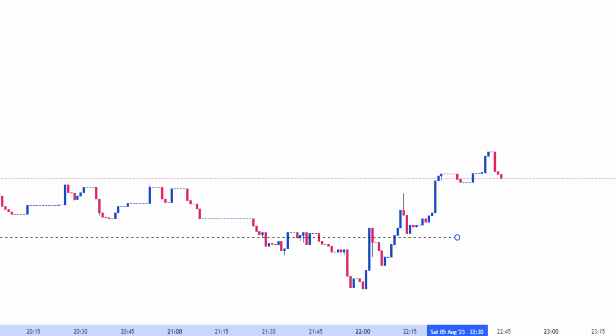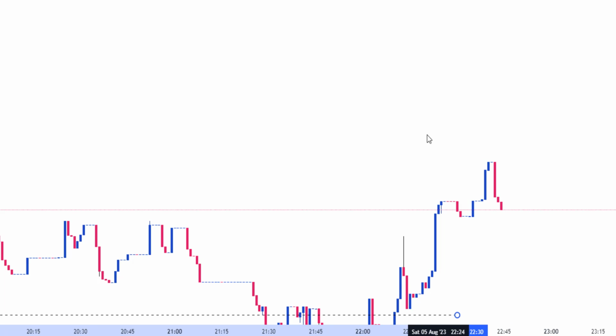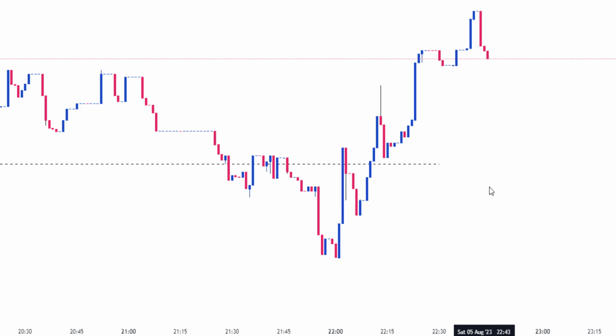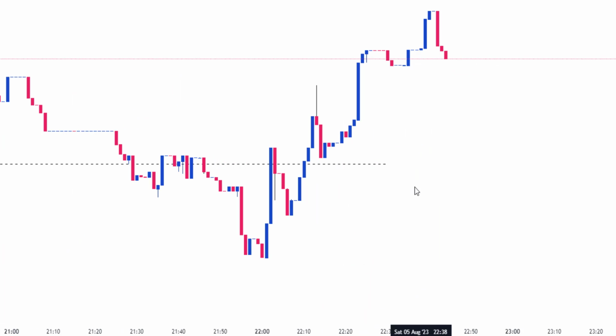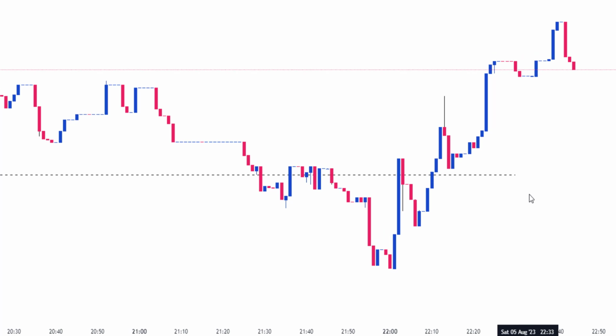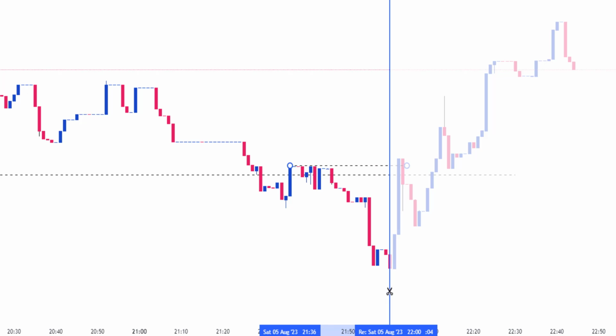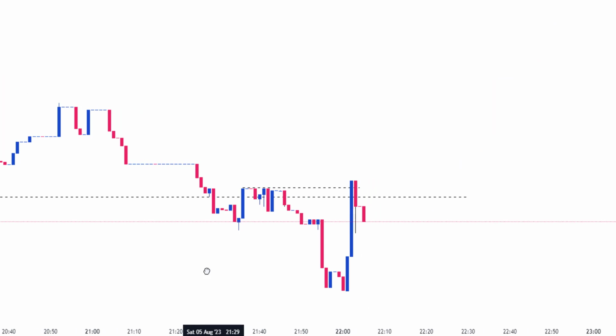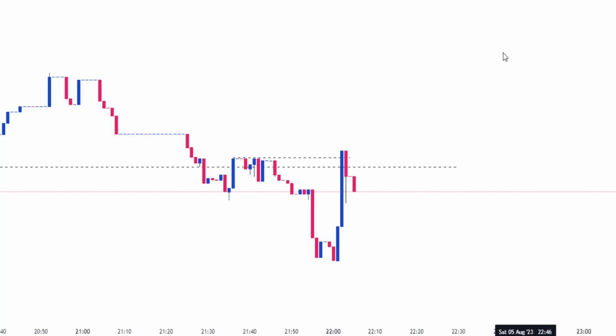Okay, the price action on crypto is not like the one you see on a forex pair. And then you look out for a short-term shift in market structure, which you see right here. This is the short-term shift in market structure. And then where is that fair value gap going to be? Now we have a fair value gap right here.